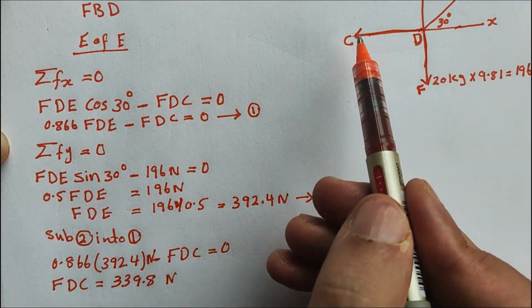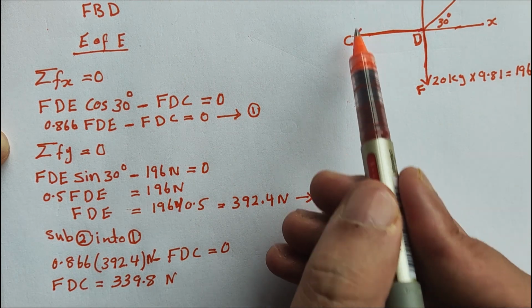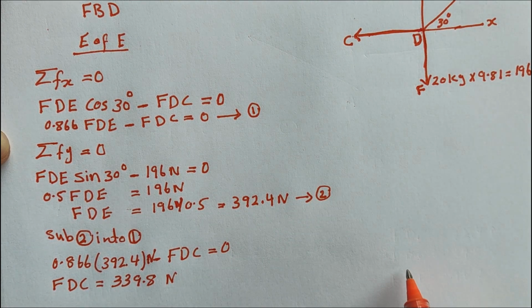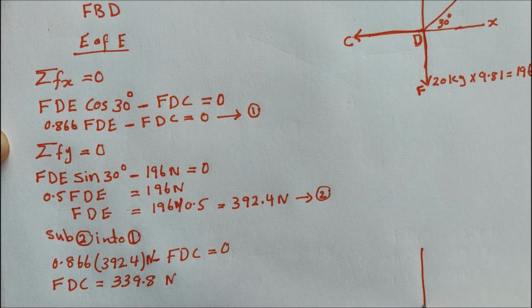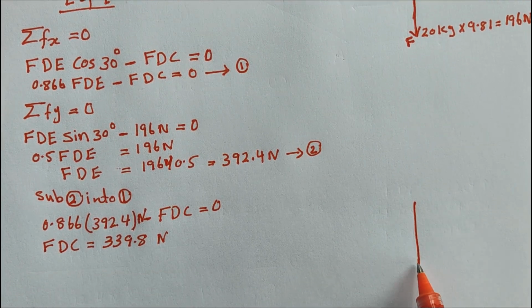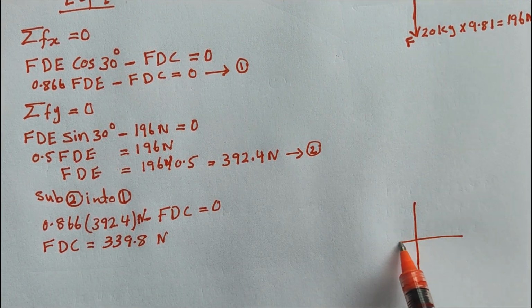Now we will move to C to put it in equilibrium. Once we come to C in here, we will make another free body diagram to make C in equilibrium.